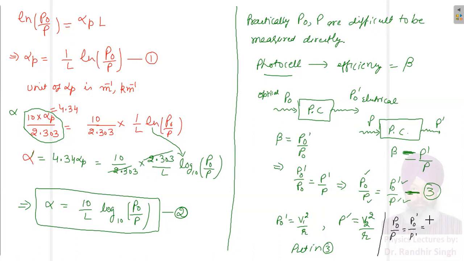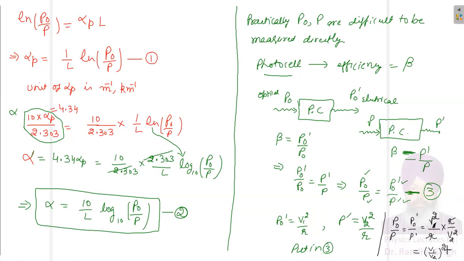This will be equal to V1 square upon R, multiplied by R upon V2 square, and R will get cancelled. That will be simply equal to V1 upon V2 whole square.